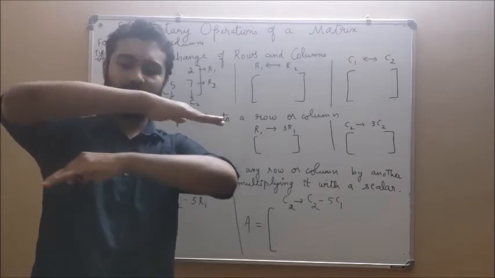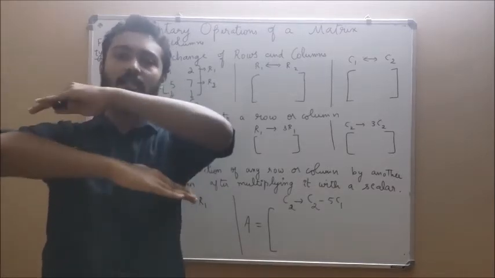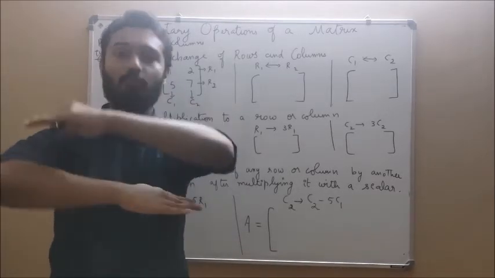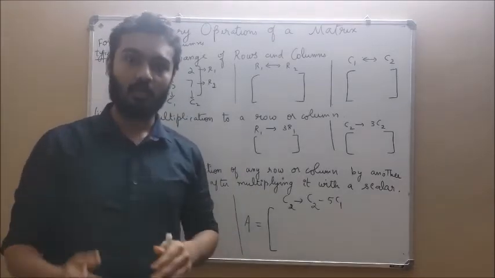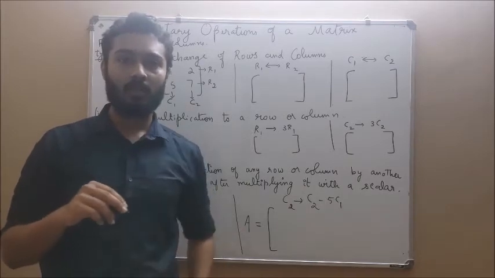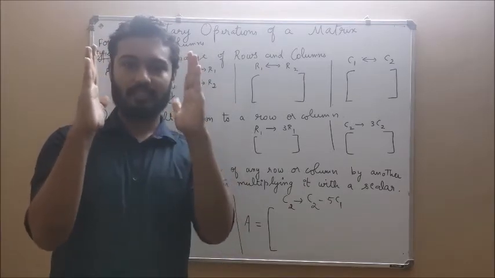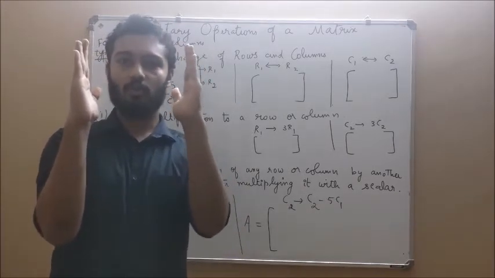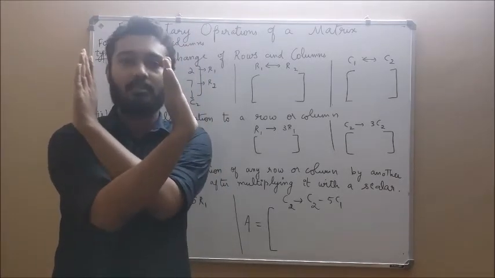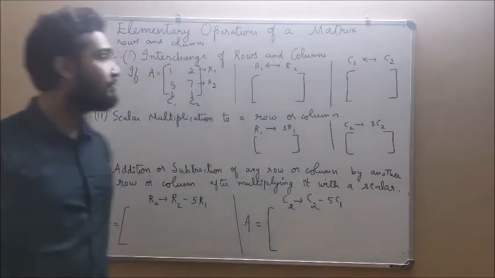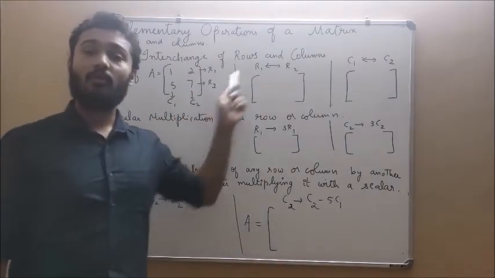If row 1 is this and row 2 is this, we are interchanging the position. So that is the row exchange. What is the column exchange? If there are two columns, column 1 and column 2, we interchange the position of the columns.